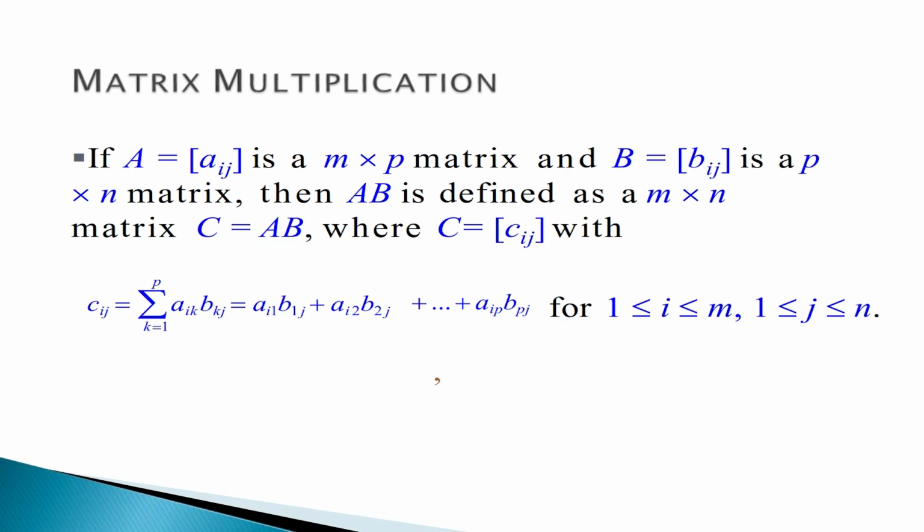If A is a matrix of order m cross p whose elements are in the form of a_ij, and B is a matrix of order p cross n whose elements are in the form of b_ij, then AB is defined as a matrix whose order becomes m cross n and elements are in the form of c_ij, where c_ij is equal to the summation of k varying from 1 to p of a_ik b_kj, where i is less than or equal to m and greater than or equal to 1, and j is less than or equal to n and greater than or equal to 1.